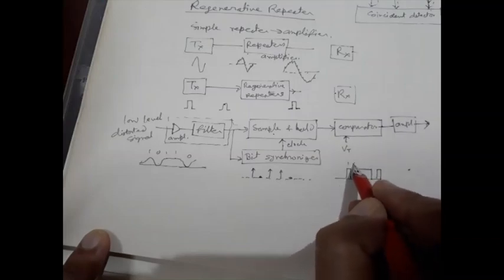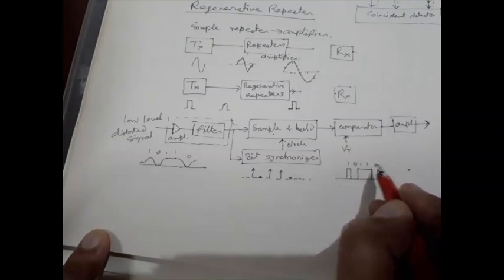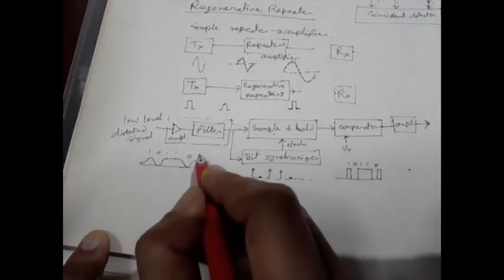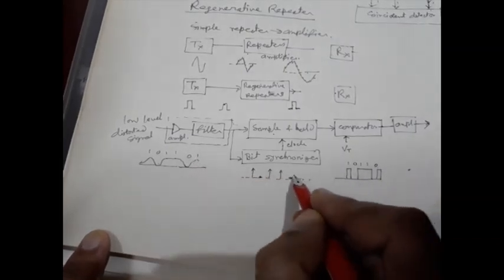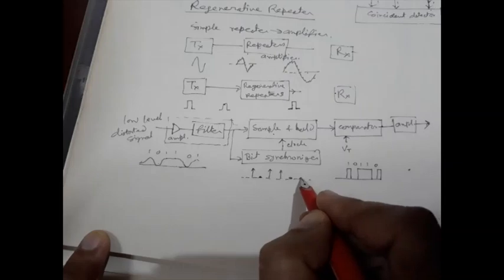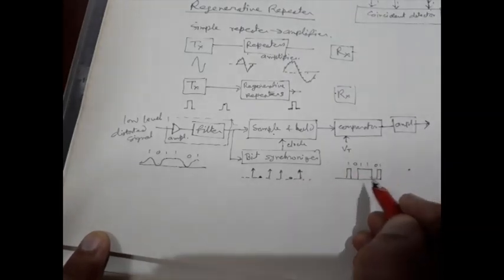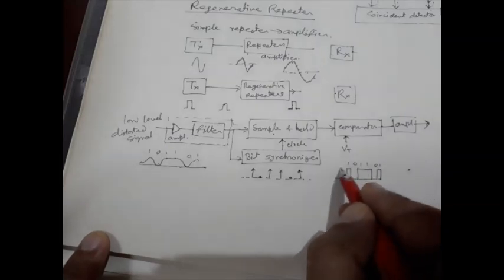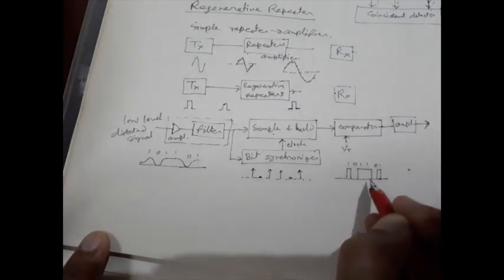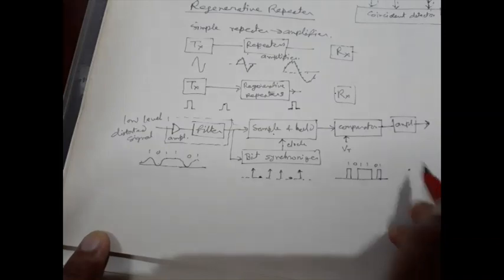So 1 0 1 1 0, and the next bit may be 1 or whatever it may be. We are getting a highly defined, reshaped, retimed pulse at the output. So this is how it works.